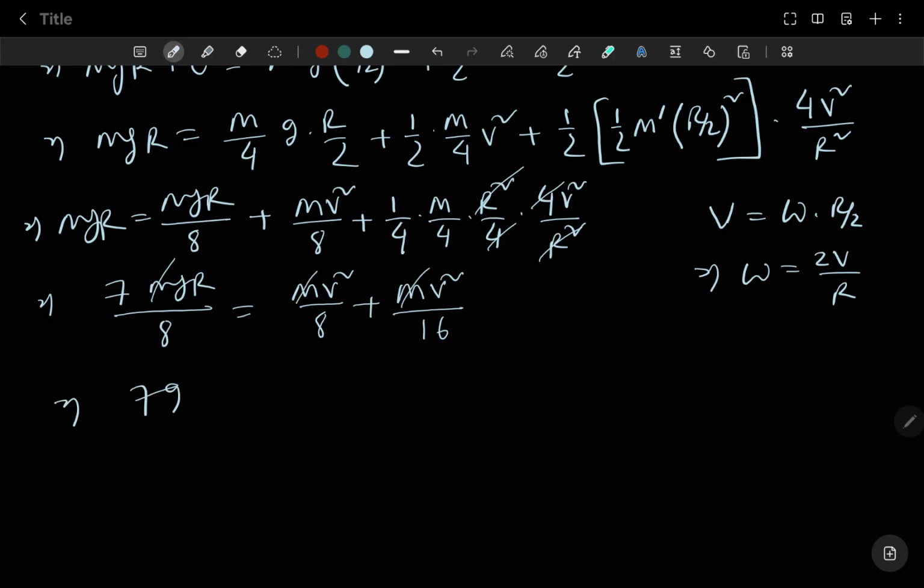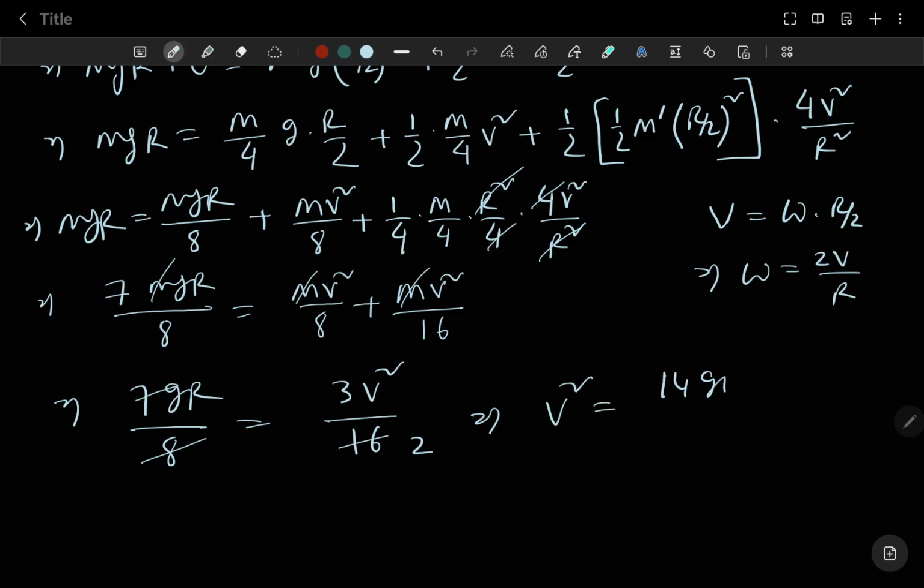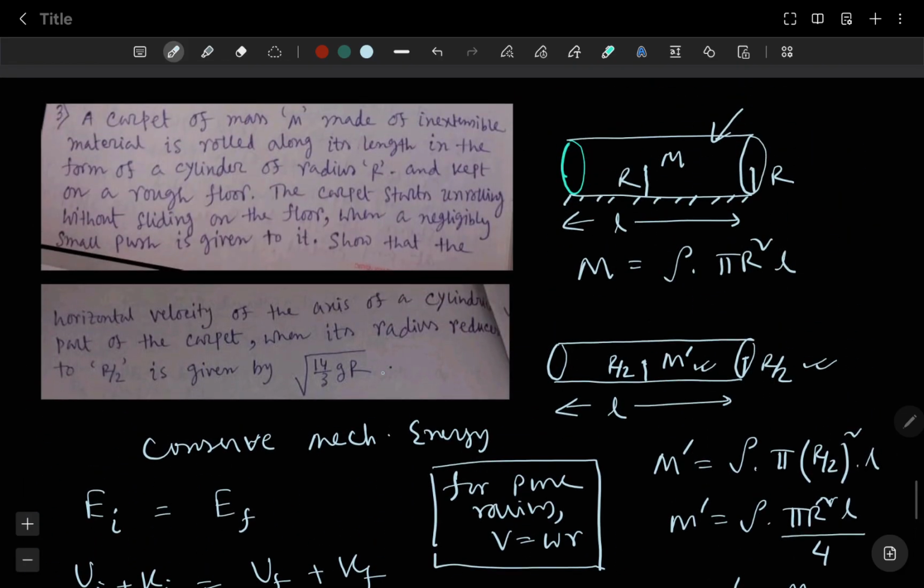So it is 7 gr by 8, it will be 16, 2 plus 1, 3v square. So it will be 2. So v square will be 14 gr by 3, and v will be root over 14 gr by 3. This is the velocity of the center of mass as they asked.